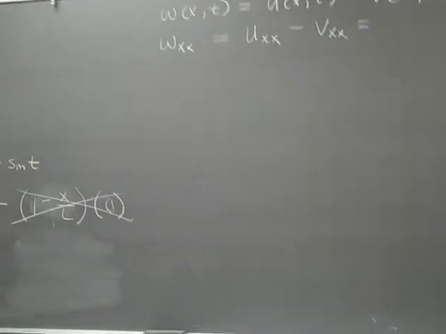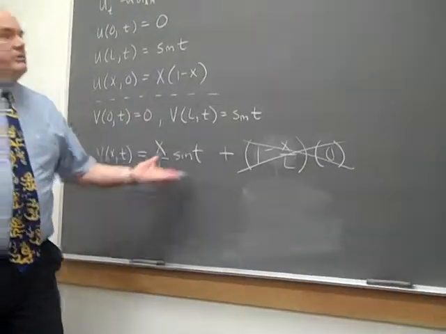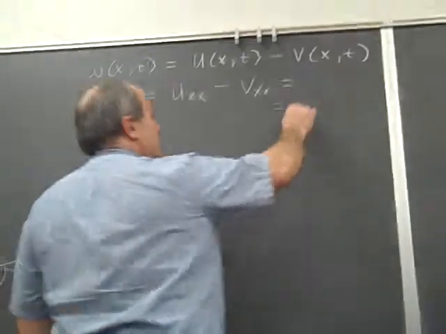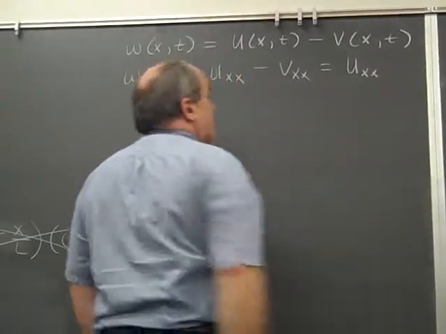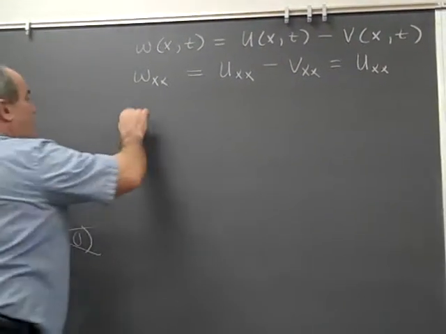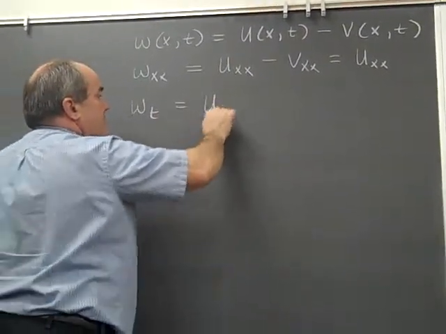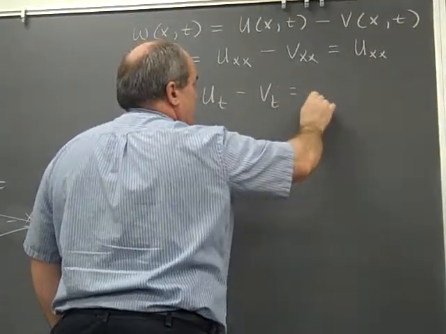Zero. If we look at our V function here, it only has an x in it. If I take two derivatives, it's 0. And so W sub xx is really just U sub xx. Where we run into problems is with W sub t. W sub t is equal to U sub t minus V sub t.